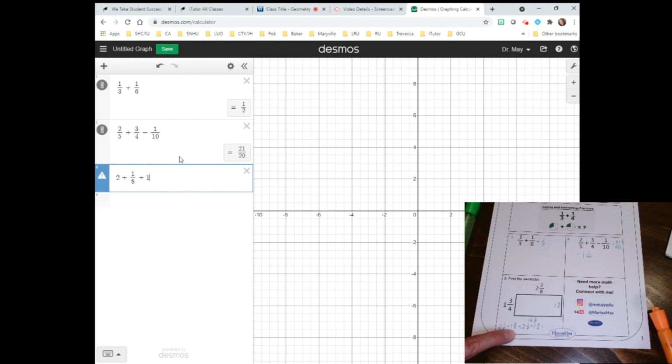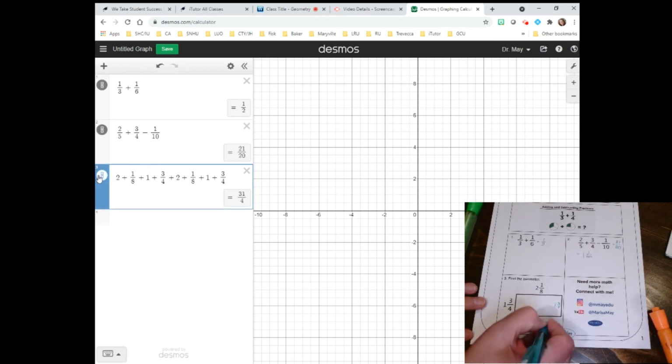This time I'm doing 1 plus 3/4, right arrow plus 2 plus 1/8, right arrow plus 1 plus 3/4, right arrow. And again, Desmos gave me my answer is 7.75, but if I want that as a fraction, it will do that as well, 31/4. And I can leave it just like that and it'll be fine.